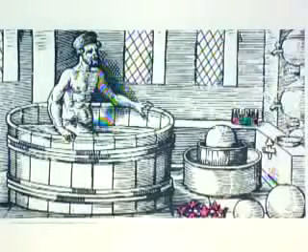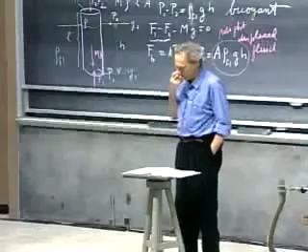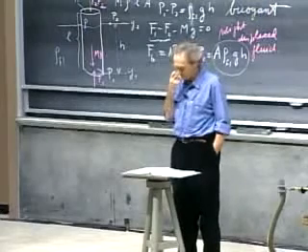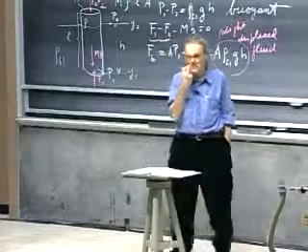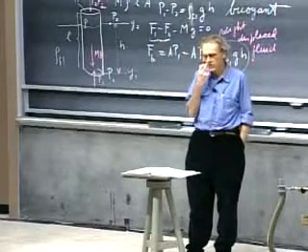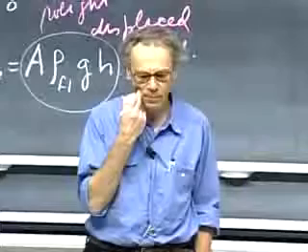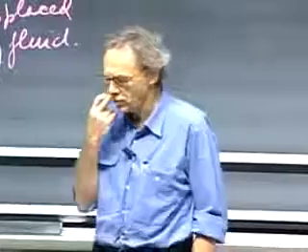Archimedes had been given the task to determine whether a crown that was made for King Hieron II was pure gold. The problem for him was to determine the density of this crown, which is a very irregular shaped object, without destroying it. And the legend has it that as Archimedes was taking a bath, he found a solution.